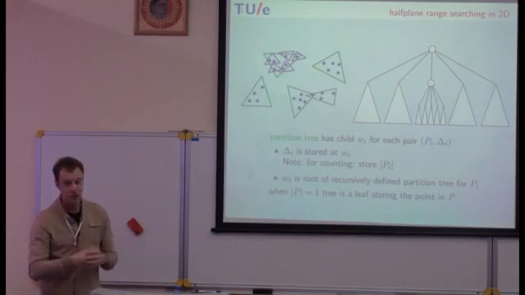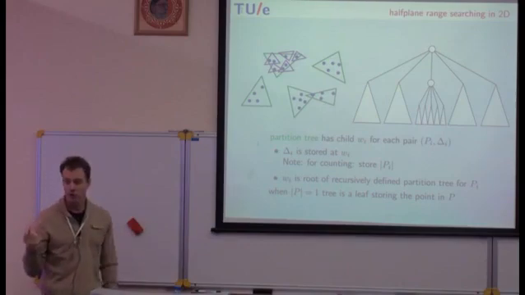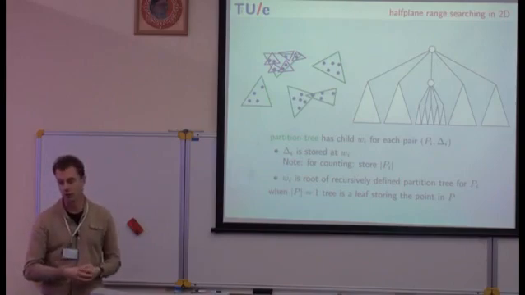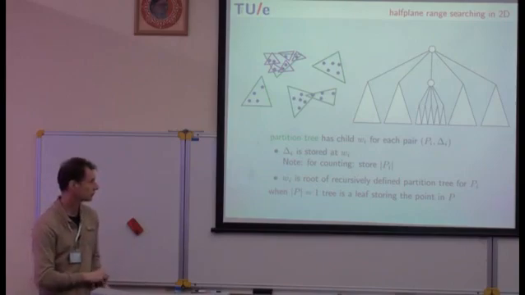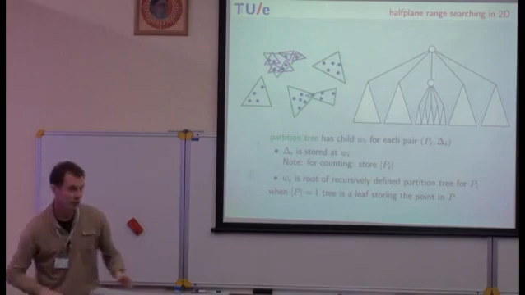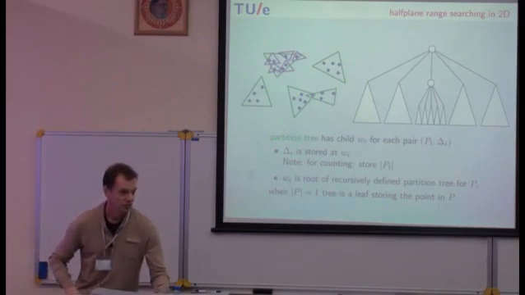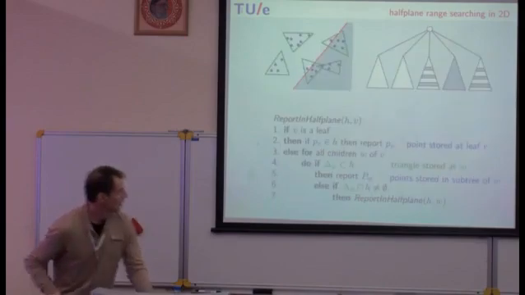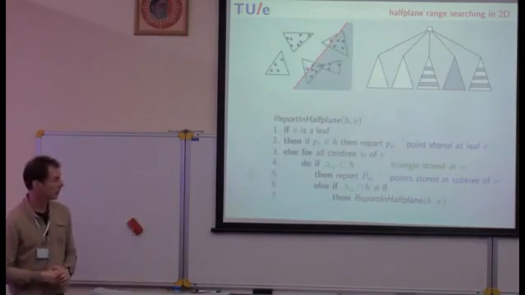This continues maybe until you have 1 point, or some constant number of points, and then you just make a leaf and you store that point. Is it clear what this structure is? Any questions?